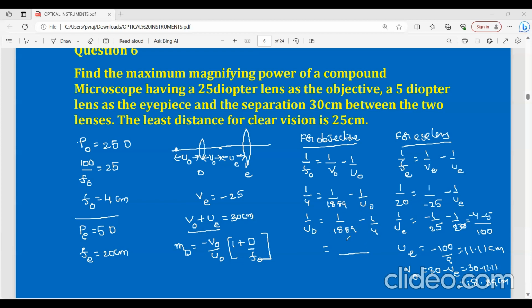For 19 times 4, that will be 76. And in the numerator, you will get minus 14.89. So nearly it is 76, but not exactly.